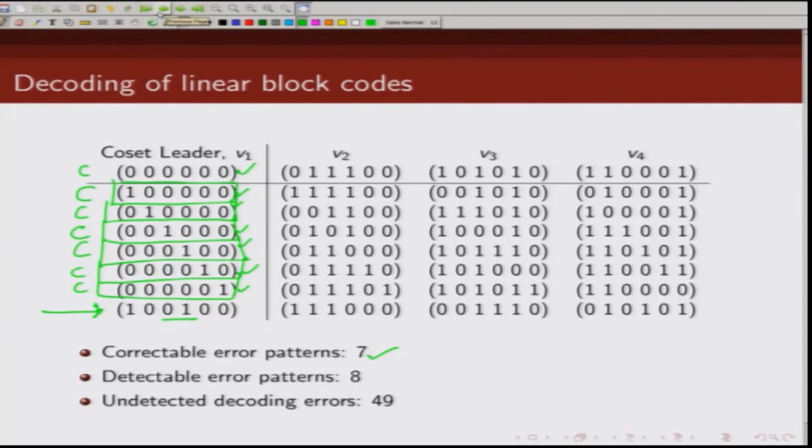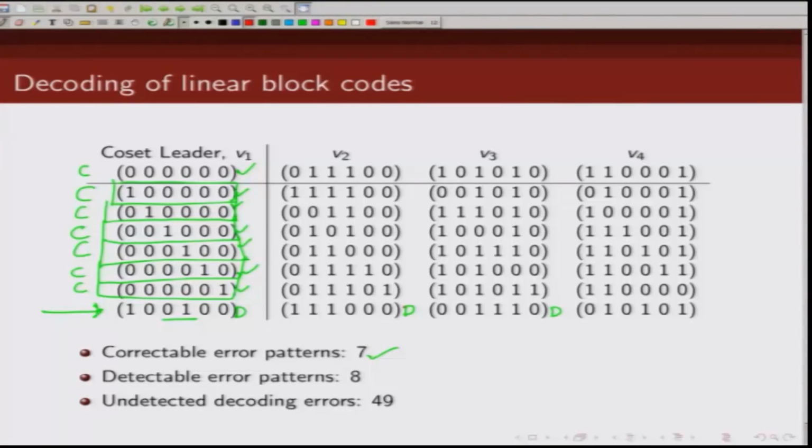However, I can detect error. Why? Whenever it points to this row, I know there is an error because syndrome is non-zero, but I do not know what is my error. So, that is why I call it as detectable error pattern. So, what are those detectable error pattern? This is my detectable error pattern, this is my detectable error pattern, this is my detectable error pattern. Maybe I can use a different color.